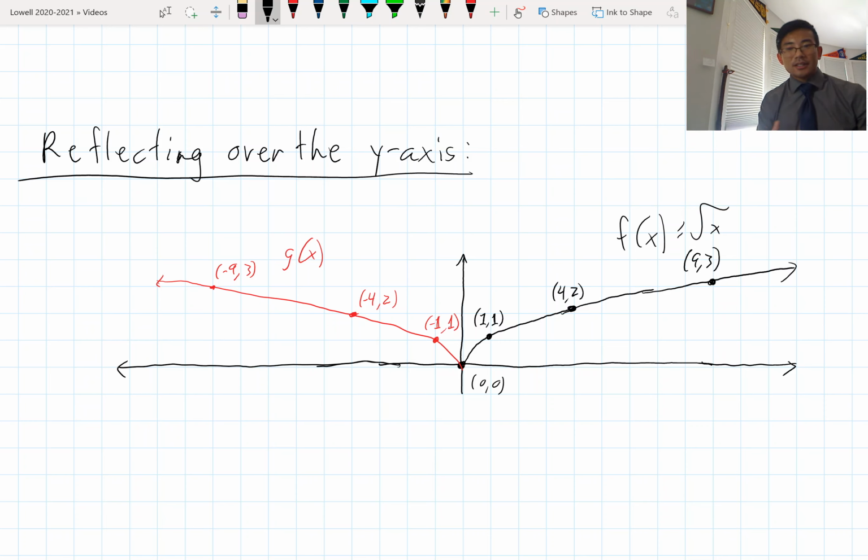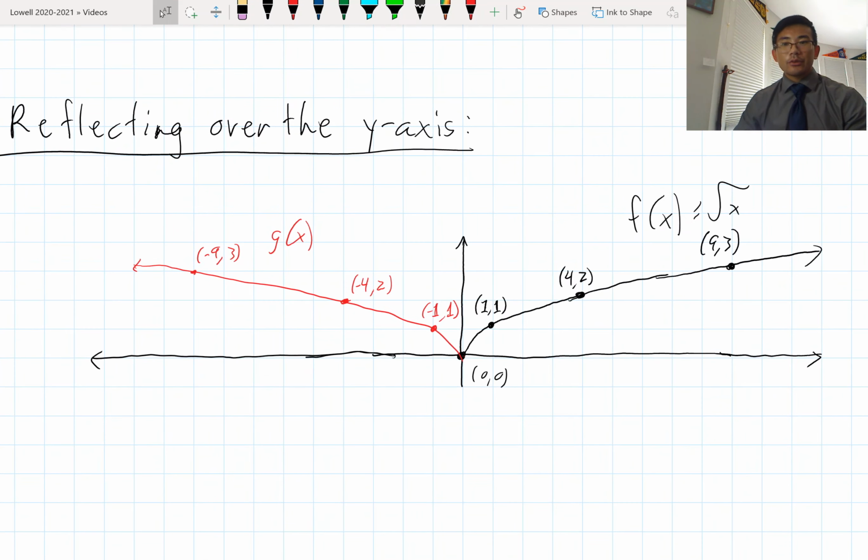You can see here, just like before, reflecting it over the y-axis has no bearing on the y-coordinate. The y-coordinate stays the same: 3, 3, 2, 2, and then 1, 1. And also that 0, 0 doesn't get reflected at all because it's already on the axes. And so we can see here, the only thing that changes is the x-coordinate.